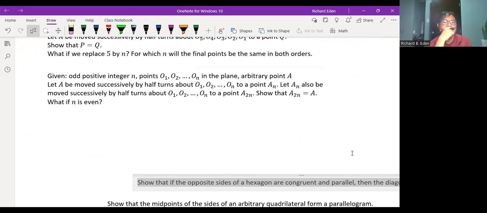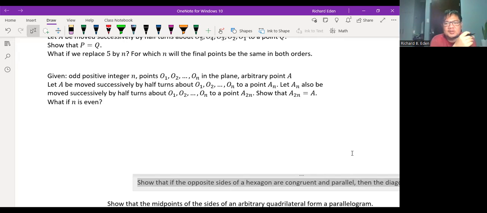And then what we want to do is move A. So we're not talking about a segment, just a point. Reflect A with respect to O1, O2, and then O sub n. And then at the end of those n half turns, the image of A is A sub n.